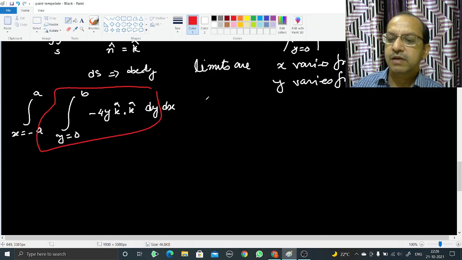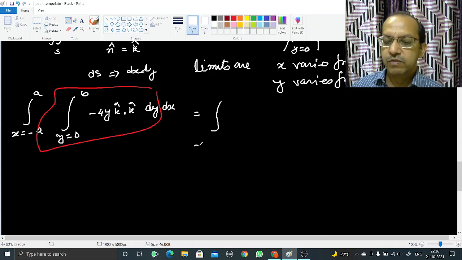So it will be equal to the integral from x equal to minus a to x equal to plus a, y equal to 0 to b, and we will integrate with respect to y. Integral of minus 4y will be minus of 2y square. K dot k is 1, so minus 2y square, and the limits are y equal to 0 to y equal to b, and it will be dx.